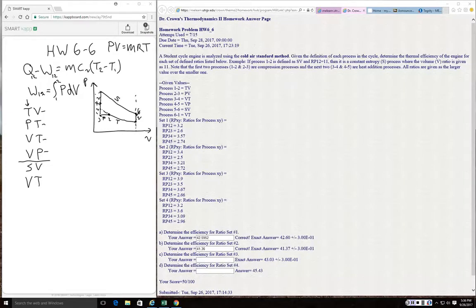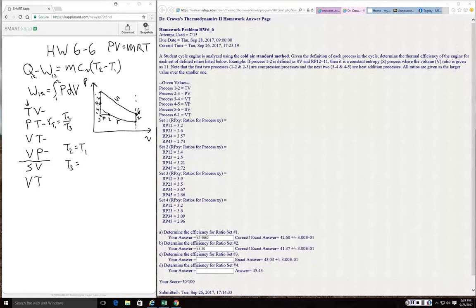Okay, so let's start by trying to find the temperatures. So T2, that one's easy, it equals T1. T3, I'm given a temperature ratio between T2 and T3, so that one is easy. So here our T1 is going to be the larger over the smaller, so it's going to be T2 over T3.